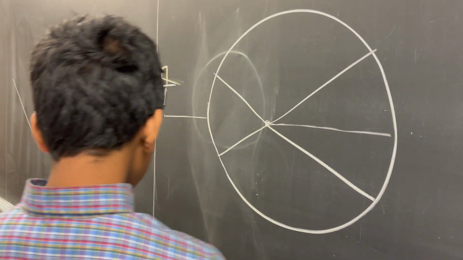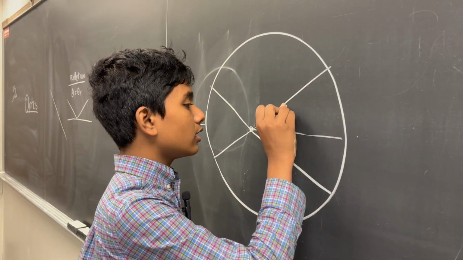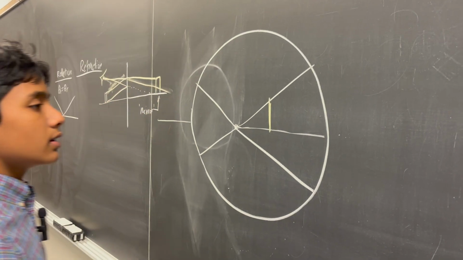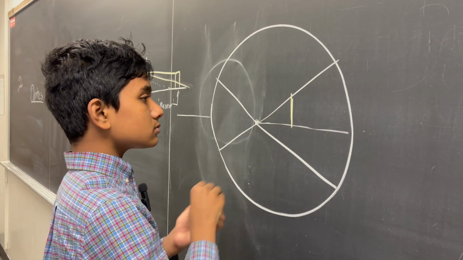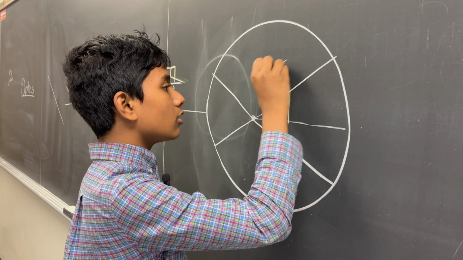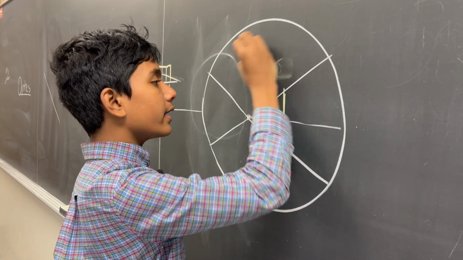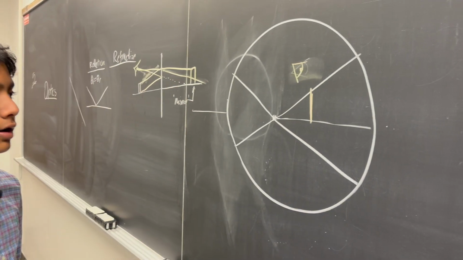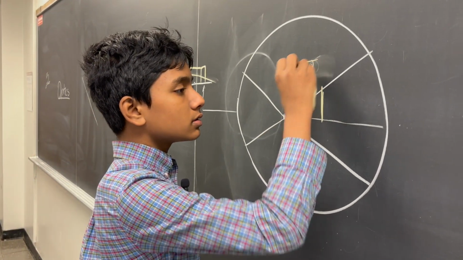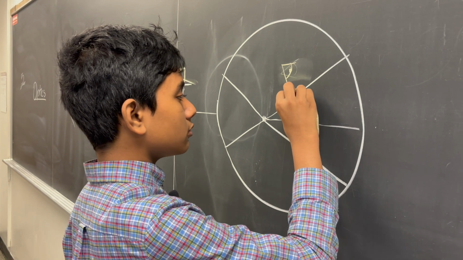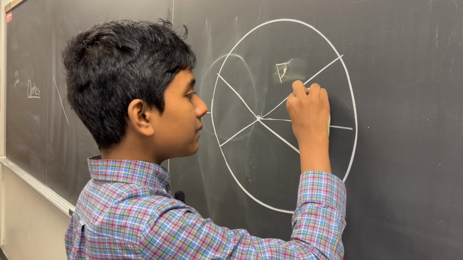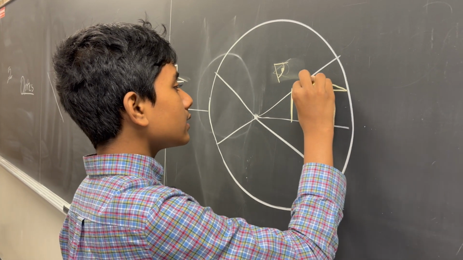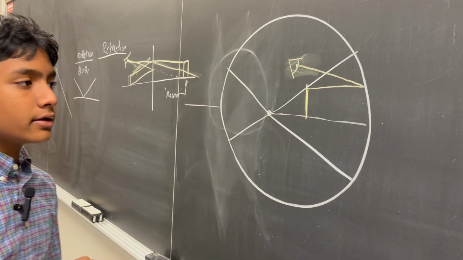So, let's say we have an image right over here. Now, we want it to reflect right off into this guy's eye. Alright? So, here's what the mirror is going to do. If we emanate light straight this way, it's going to come right over here.